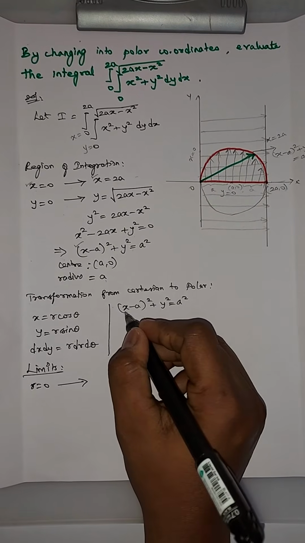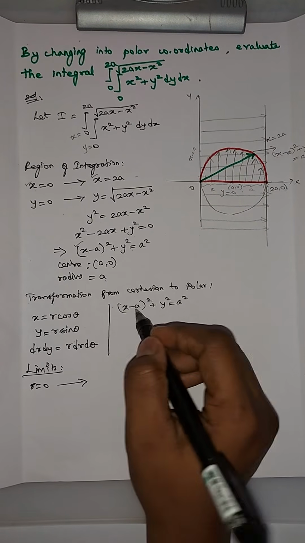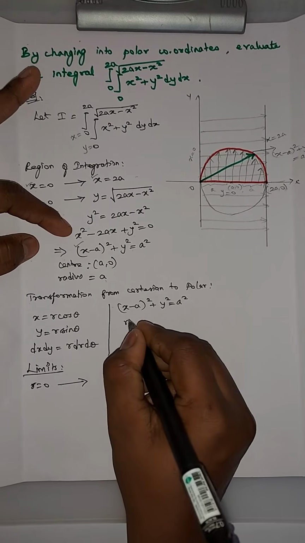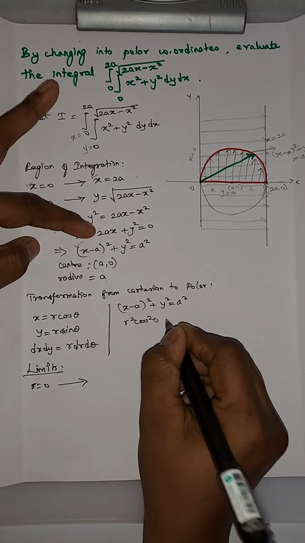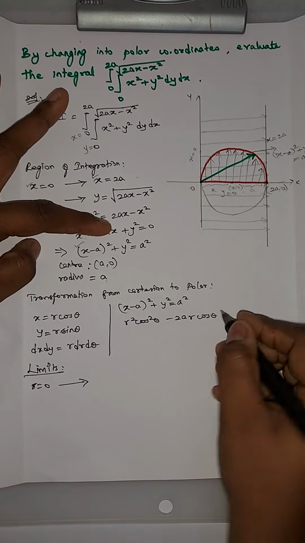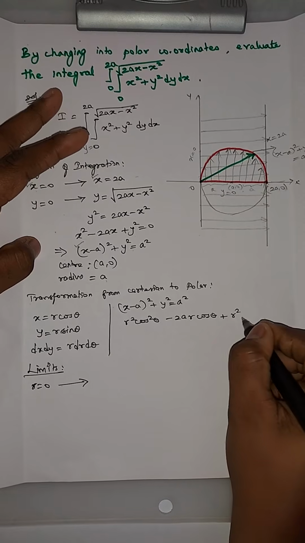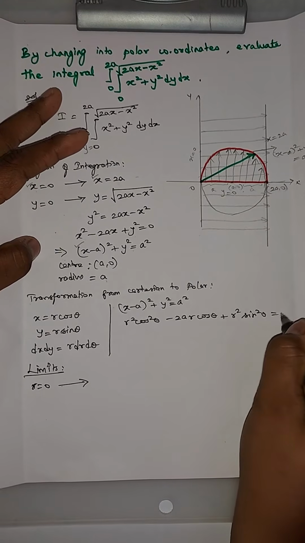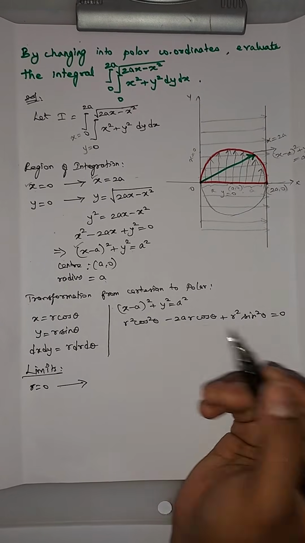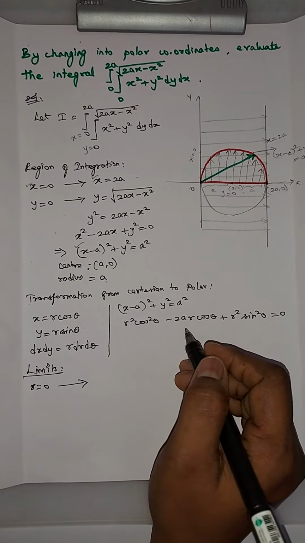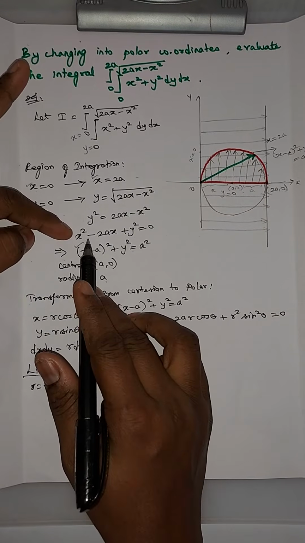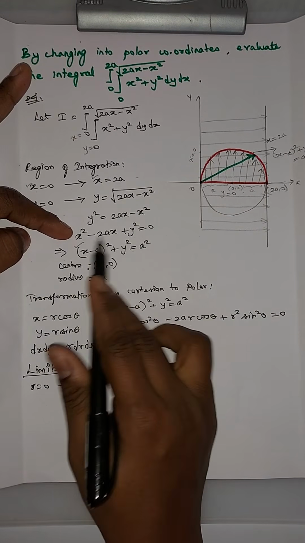When we substitute the values, we can substitute it here itself. We get r square cos square theta minus 2a r cos theta plus r square sin square theta is equal to 0. Even if we substitute in the other equation, we will get the same result.